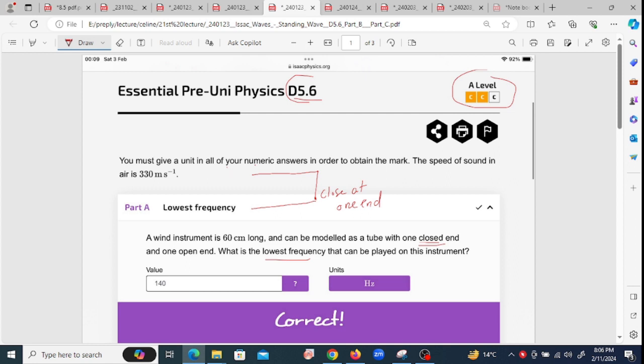As we know, when the organ pipe or wind instrument is closed at one end, the open end has an antinode, and this is the first fundamental frequency, the first harmonic. At the closed end we have the node, and we have to find the lowest frequency.